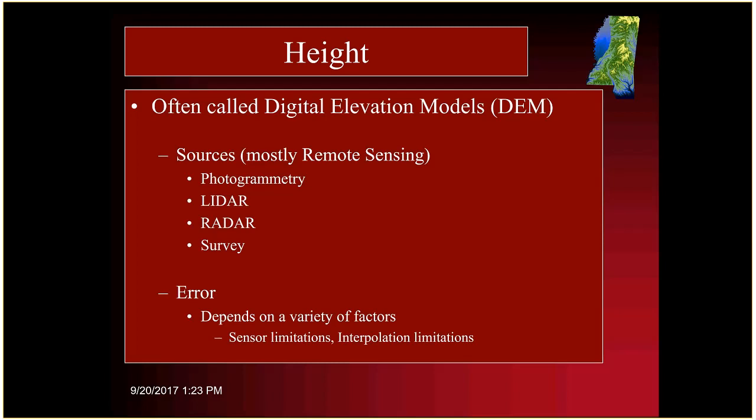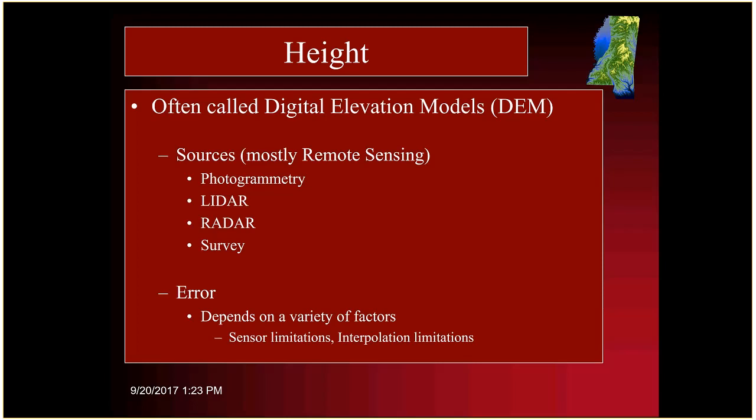There are other methods for creating digital elevation surfaces. One is LiDAR. It stands for light detection and ranging. That acronym was actually built on radar, which stands for radio detection and ranging. They have some similarities, but they're fairly different in how they operate.